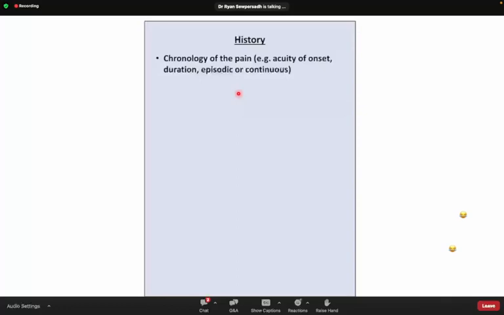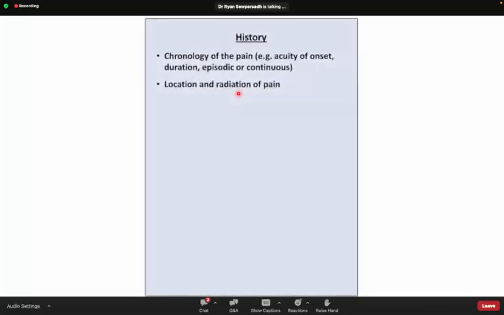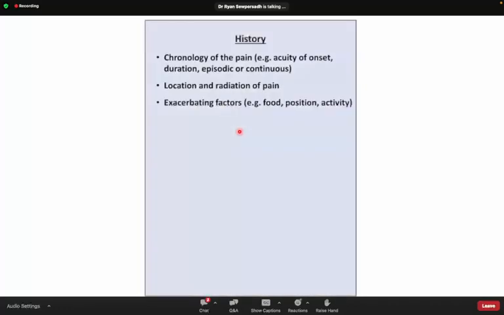Okay, as we just reviewed the location, the radiation is helpful at narrowing down diagnostic possibilities. Now, determine what the exacerbating factors are. For instance, pain related in any way to food intake suggests an upper GI, pancreatic, or biliary pathology.